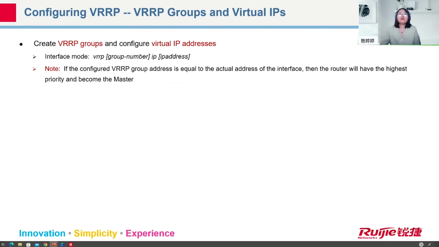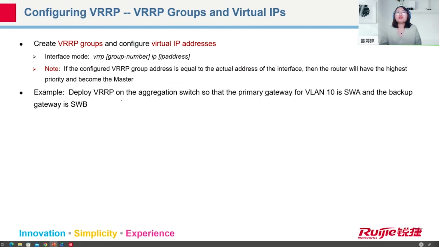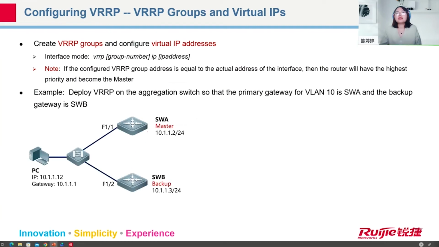And then let's see some configuration here. The first one, how to create the VRRP group and how to give the virtual IP address is here. For example, deploy two devices, master and backup, switch A and switch B, and here is a PC. The key command: the virtual group is group 10, and the IP address is 10.1.1.1.